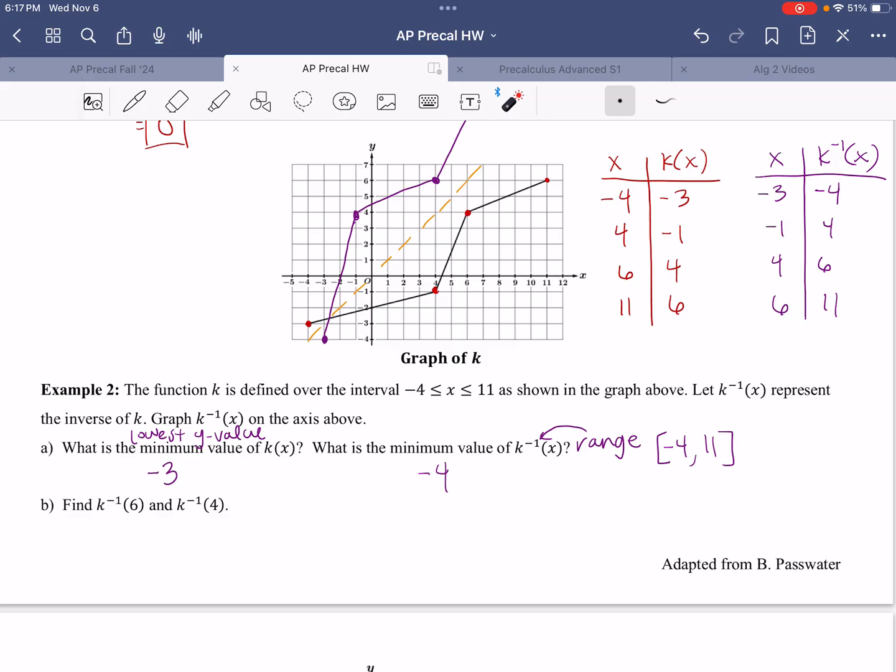But again, it's going to be easier if you go ahead and make an inverse table so that you can just quickly look and see the inverse at 6 is 11 and at 4 is 6. Just using these values from the table.